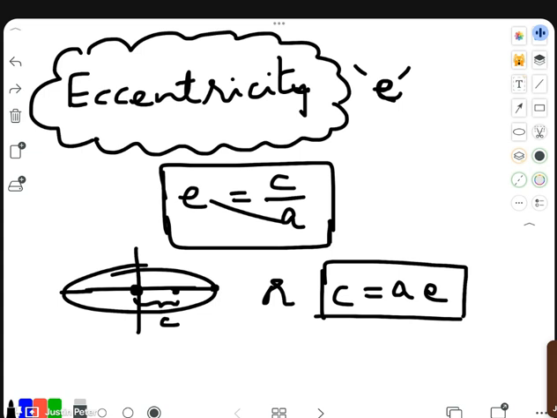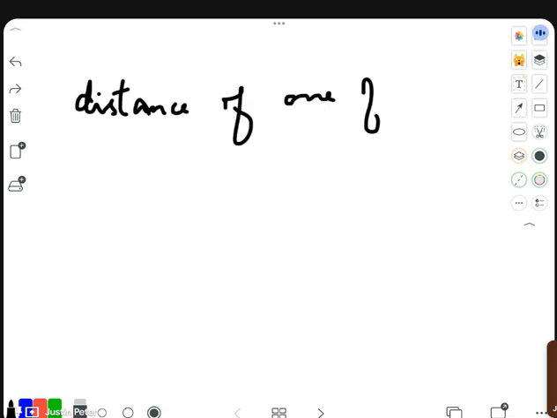What is the distance of one of the foci from the center of the ellipse?